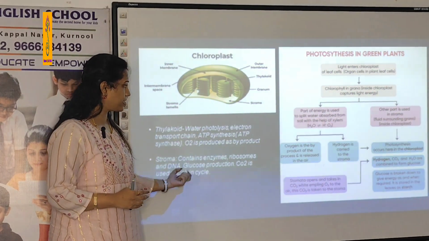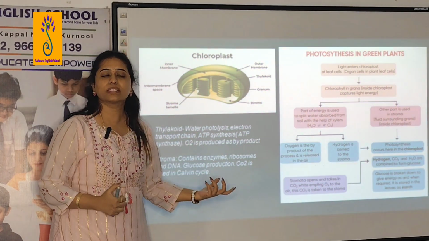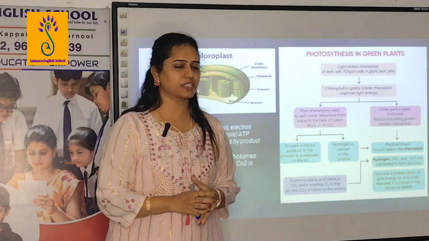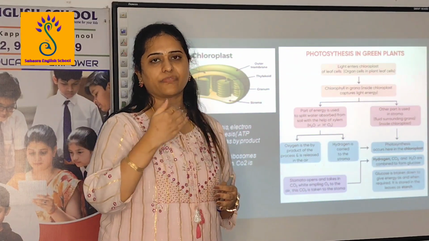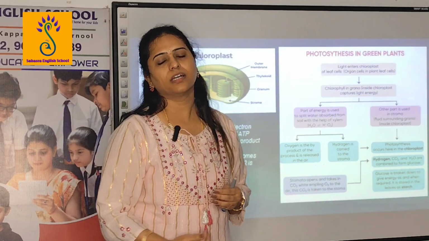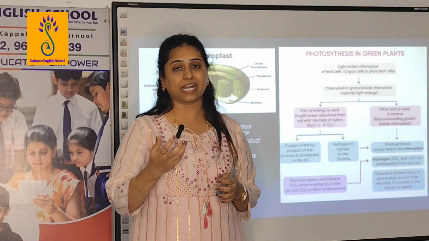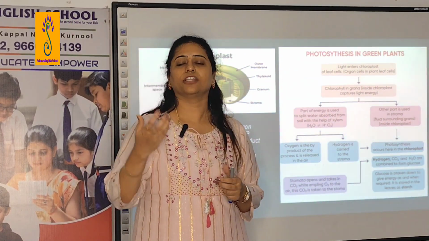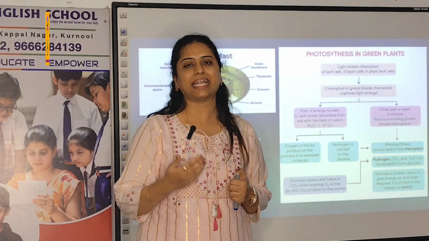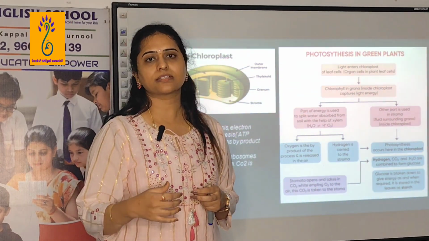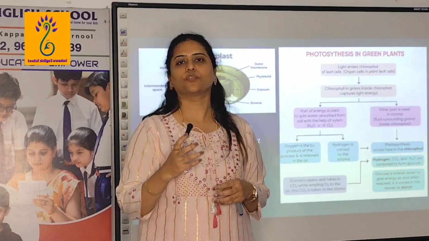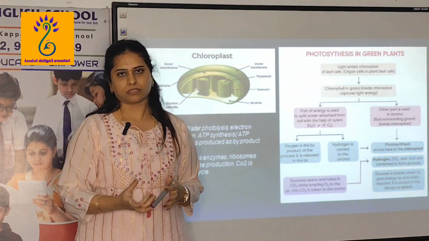You'll get that Calvin cycle in higher classes where carbon is fixed, carbon fixation, and later the further process utilizes energy in the form of ATP and NADPH. These are converted to form complex substances. Okay.